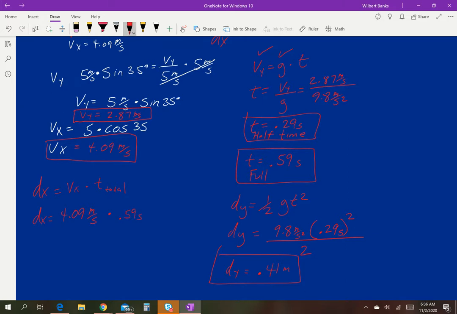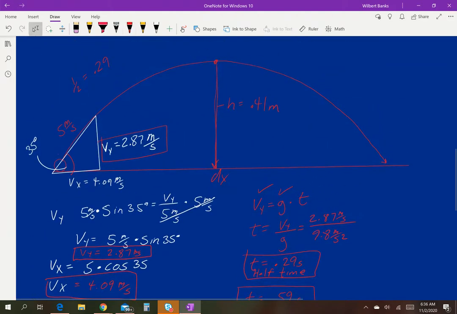So now I've got 4.09 times 0.59. Once I do this, my dx equals 2.41, and that's going to be meters because that cancels out. So I now know that this right here is 2.41 meters. So that's where it's going to hit. 2.41 meters is my dx.